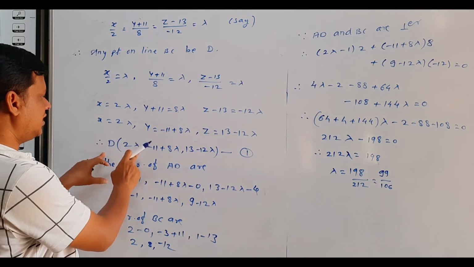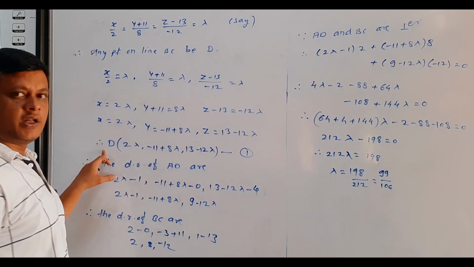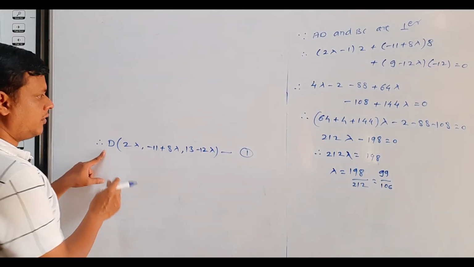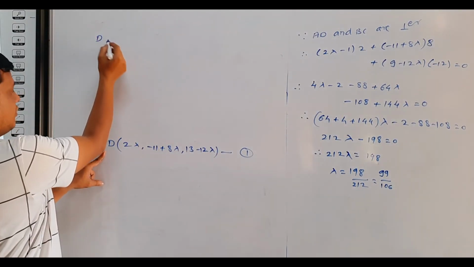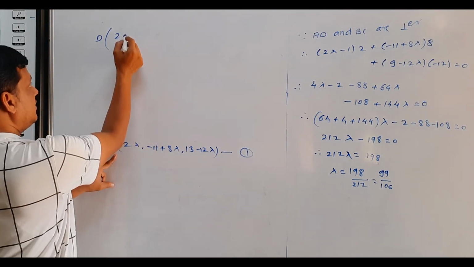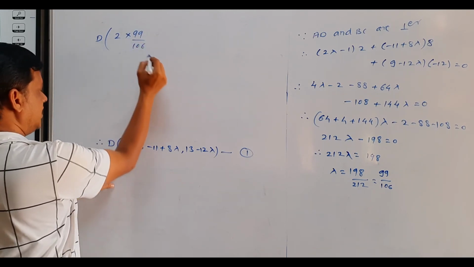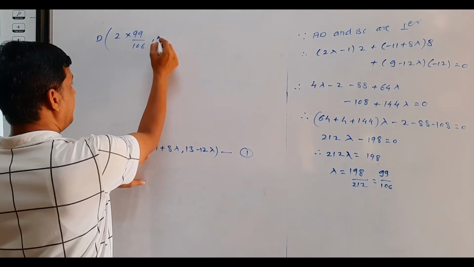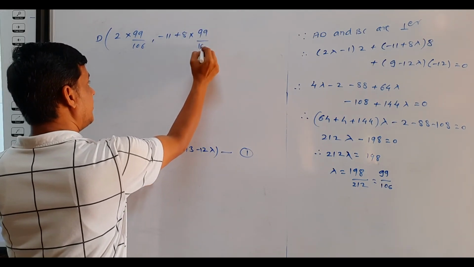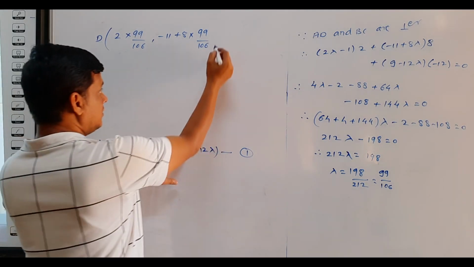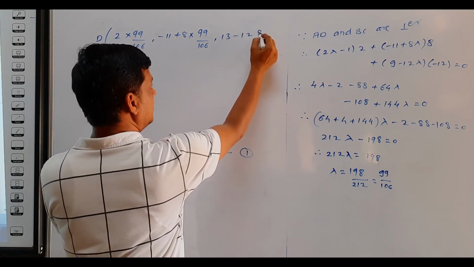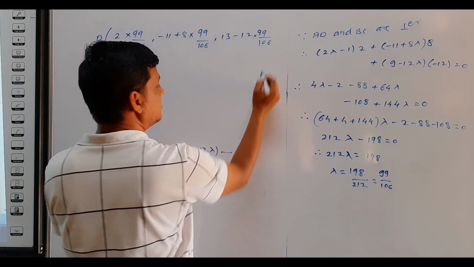So while substituting the value of lambda, we get the coordinates of point D. From equation 1, we get the coordinates of D as 2 into lambda, where lambda is 99 upon 106, then minus 11 plus 8 into 99 upon 106, and 13 minus 12 into 99 upon 106.